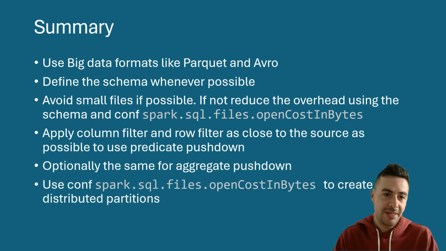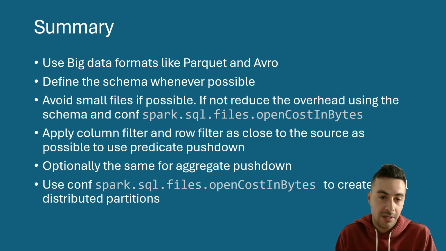And yeah, with this, I want to give you a summary. So first of all, what's important is use big data formats like Parquet and Avro, if you really don't need human readability. Then use the schema whenever possible. So if you have some circumstances where columns might be filtered out, okay, that's a reason.